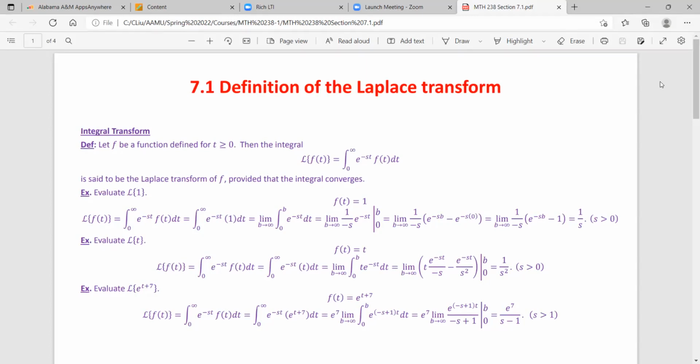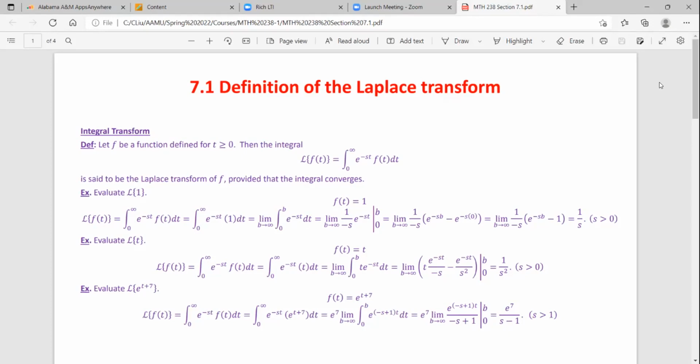If you plug in b and 0 into the antiderivative, negative s times 0 is just 0, so the second term is e to the 0, which is 1. So at the end it becomes negative s e to the negative s b minus 1, with b approaching infinity.